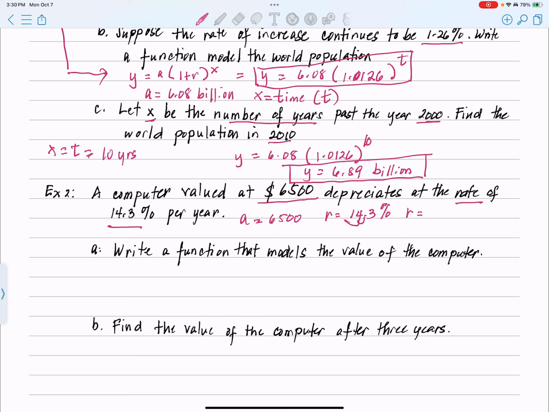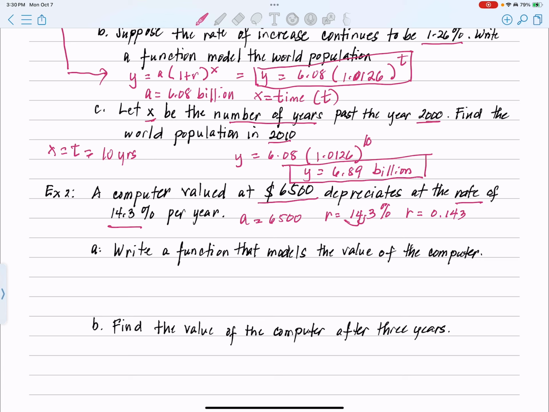That would be 0.143. I'm going to write this again to make it clear. So we have two values that are given here.